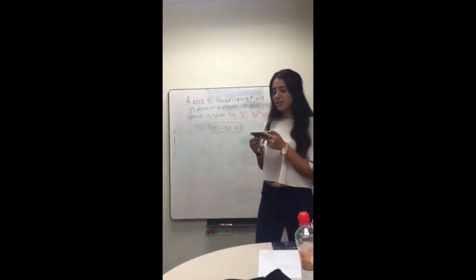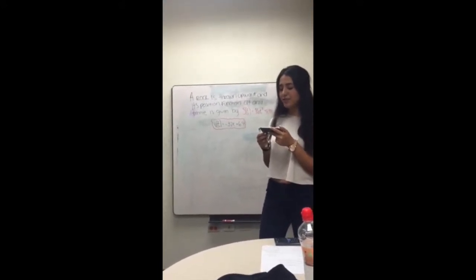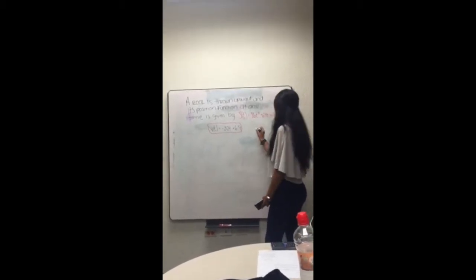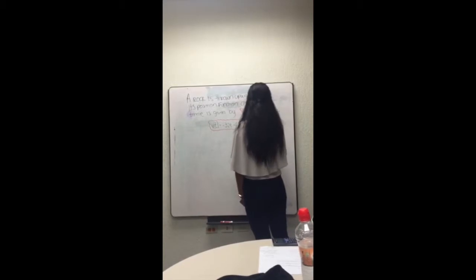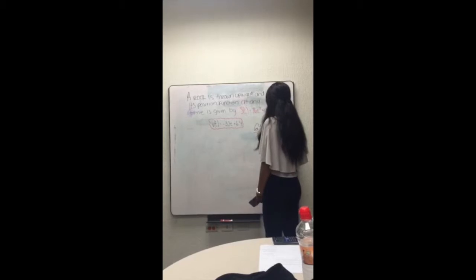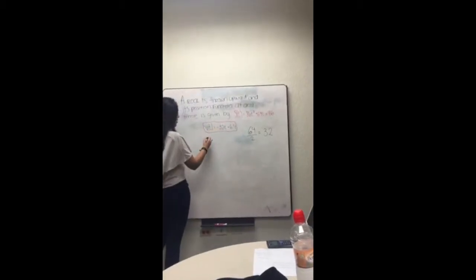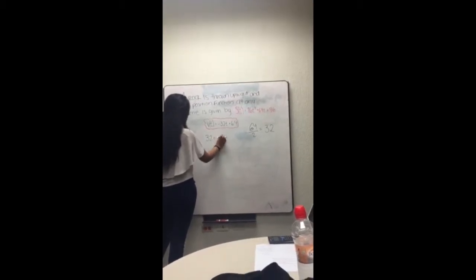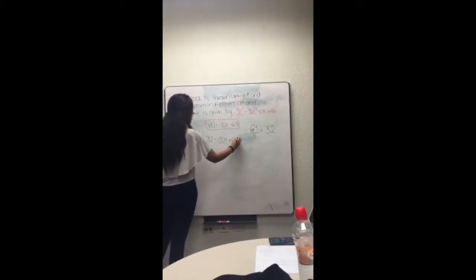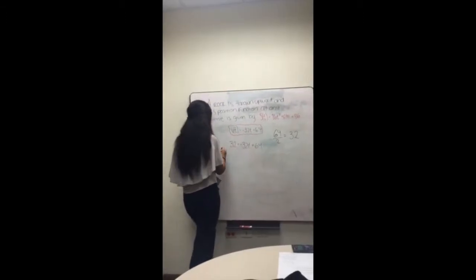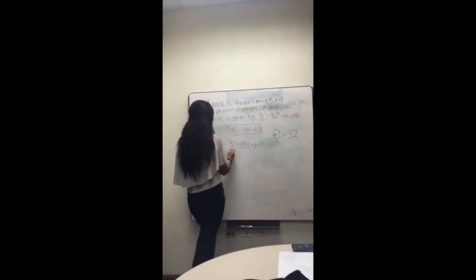Now the question says, calculate the time when the velocity is half of the initial velocity. We know that this is the initial velocity and we need the half, then it is 64. Then we put the 32 over here, that is the velocity. And now we have to do the equation, this one you pass it subtracting 32.